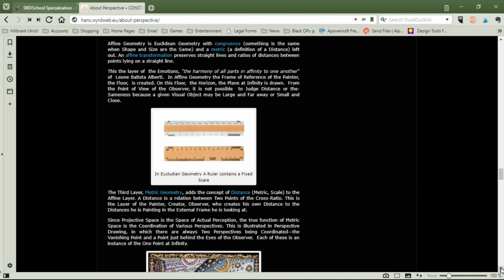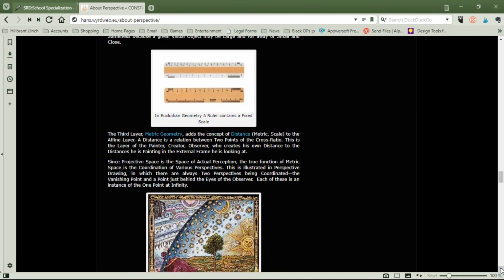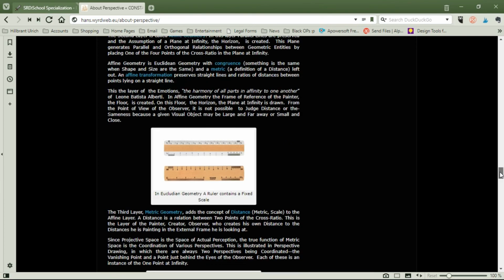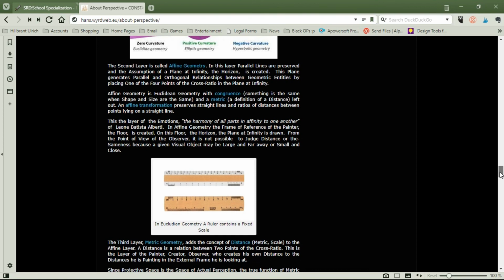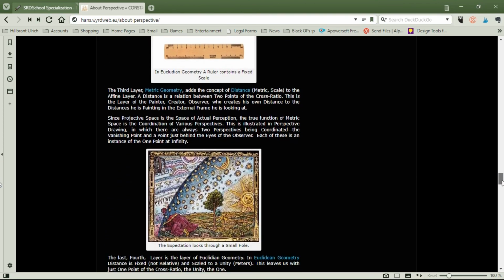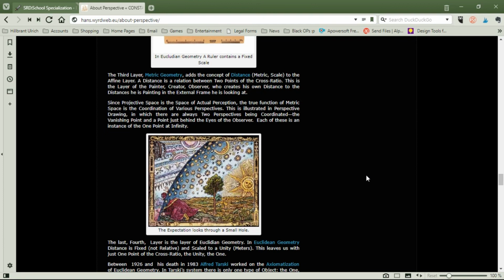So your perception of distance is subjective. The third layer, metric geometry, adds the concept of distance to the affine layer. A distance is a relation between 2 points of the cross ratio.